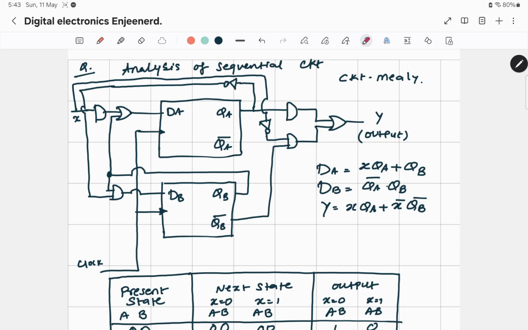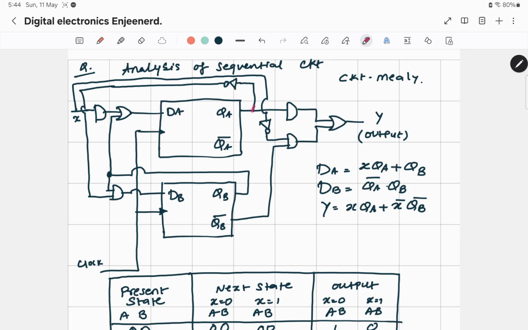I will recheck the diagram again. So my dA is addition of x into QA and QB.